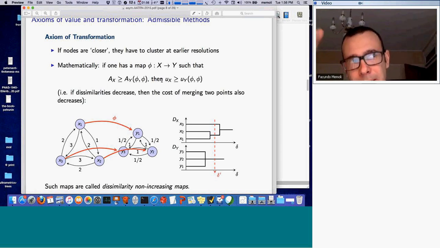Idempotency is implied directly by the two axioms, value and transformation. Any method satisfying them will be idempotent. So this is a sort of global consistency: applying the method to the result of applying the method doesn't buy you anything new.